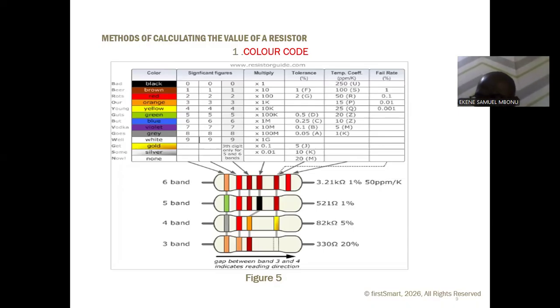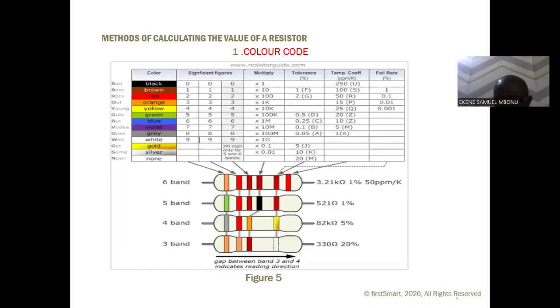So what it means is that if you use your multimeter to check this resistor, it will be 82,000 plus or minus 4,100. That is the range. So the range you are going to get will be 82,000 plus or minus 4,100.